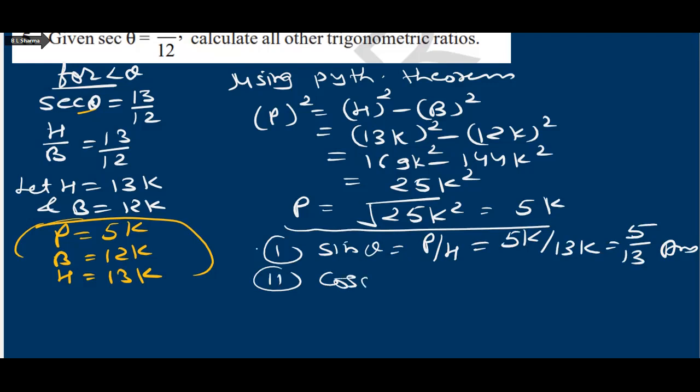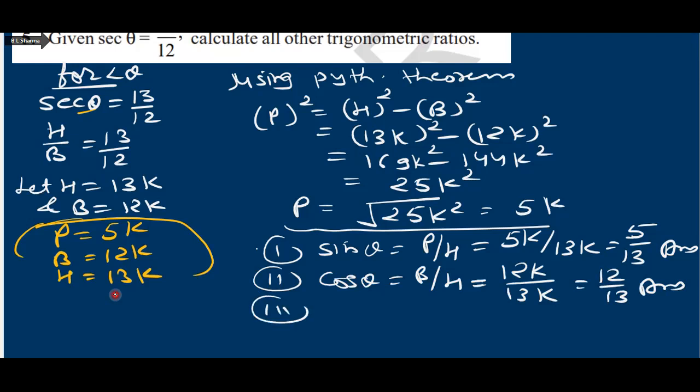Number two, cos theta, that is base upon hypotenuse. Base is 12K and hypotenuse is 13K. 12K upon 13K, that is 12 upon 13, answer.